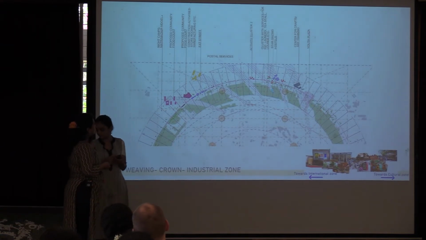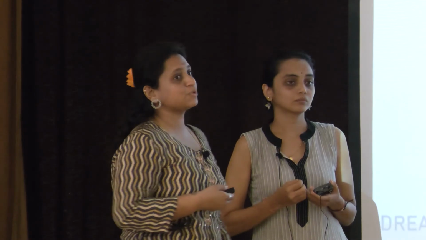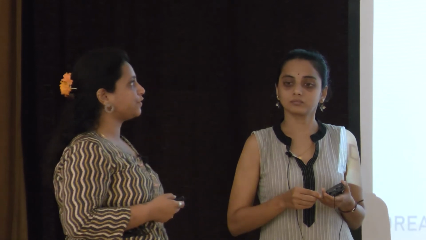Then as we move more towards the cultural zone, we have something like a center for arts and crafts training. We thought this could be more like arts and crafts, which requires discipline and needs a bigger center, not just daily vocational training, but more like a center for art and training.